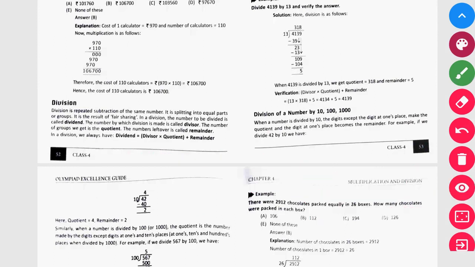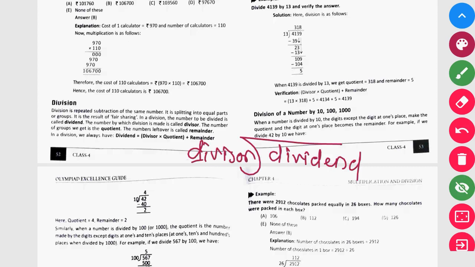Now in division, the number which gets divided is called the dividend. The number which divides the number is called the divisor. The answer you get is known as the quotient, and the remainder left at the bottom is known as the remainder.